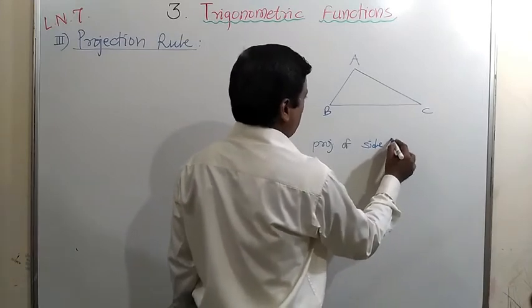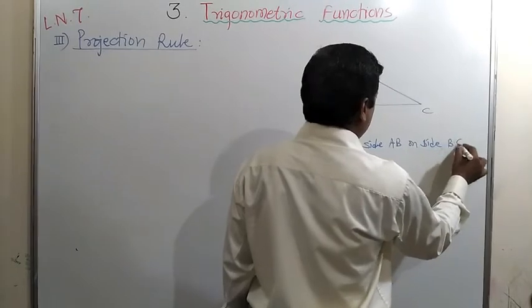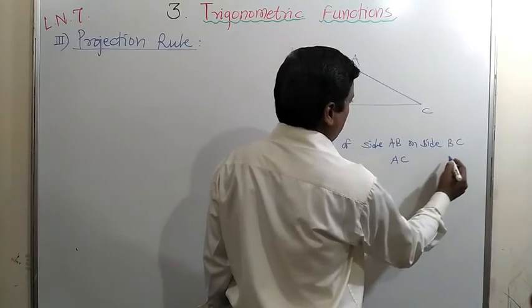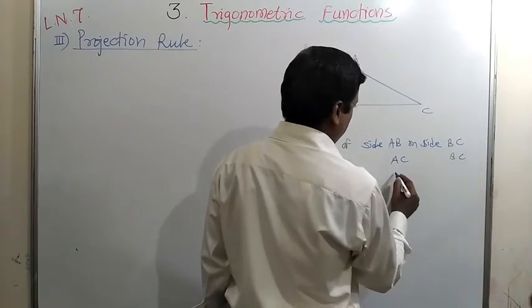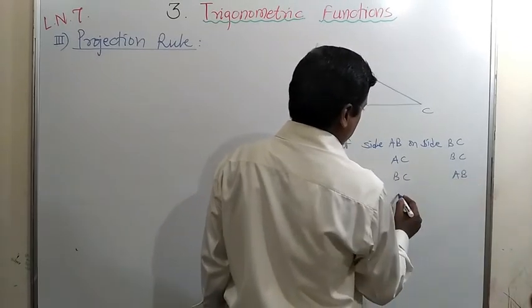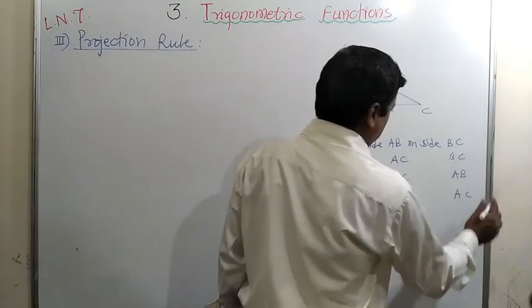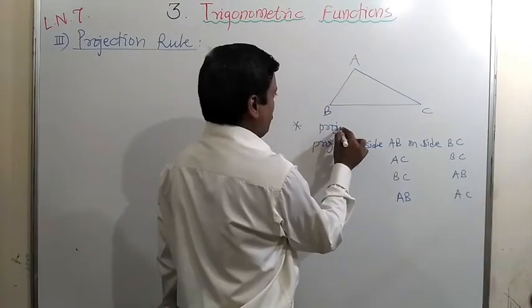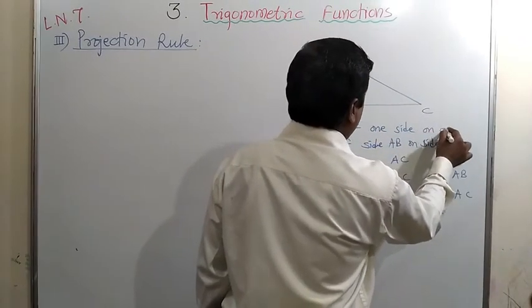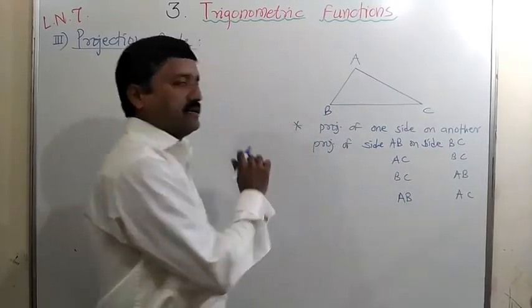Also there may be the question of projection of side AC on side BC, or BC on AB, or AB on AC. That means projection of one side on another. That is the general question here.